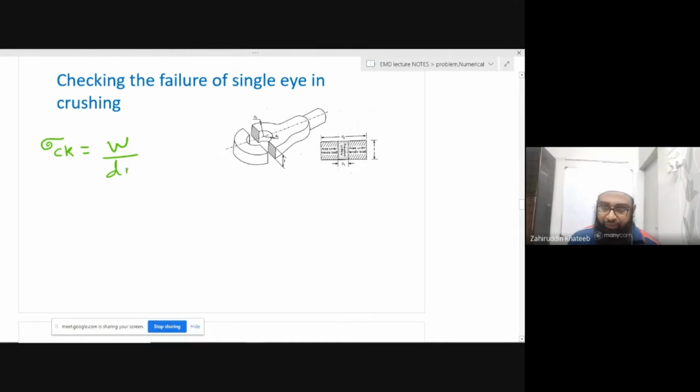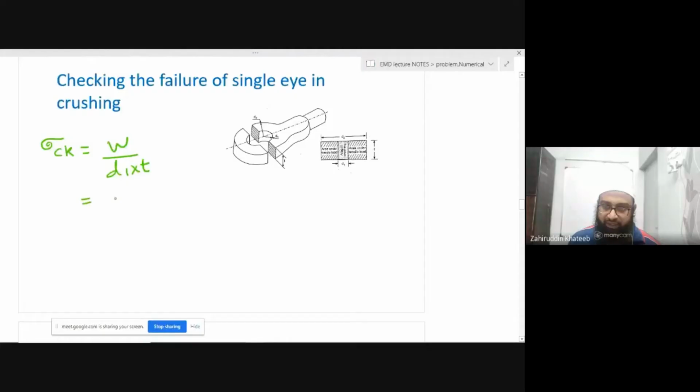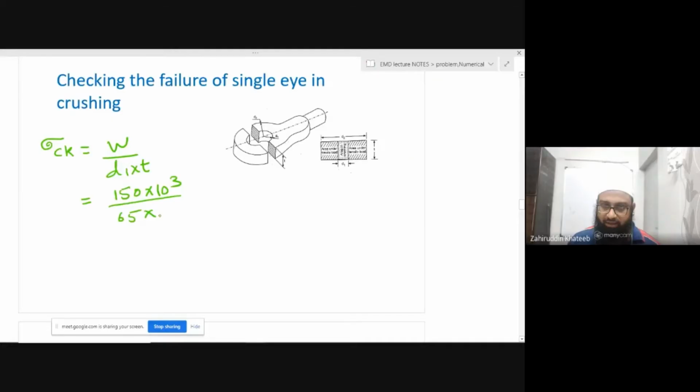Here again W is 150 into 10 raised to 3, the value of d1 is 65, and the value of t is 52. Now you calculate the answer and tell me the answer.